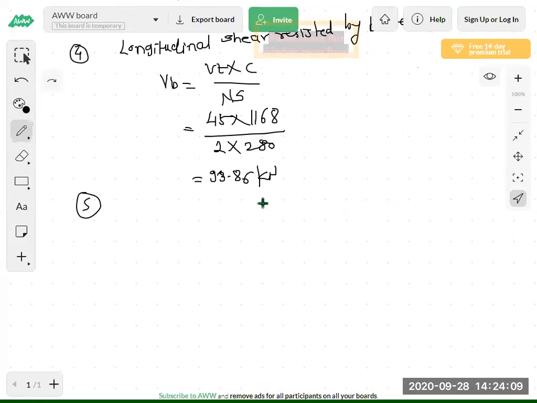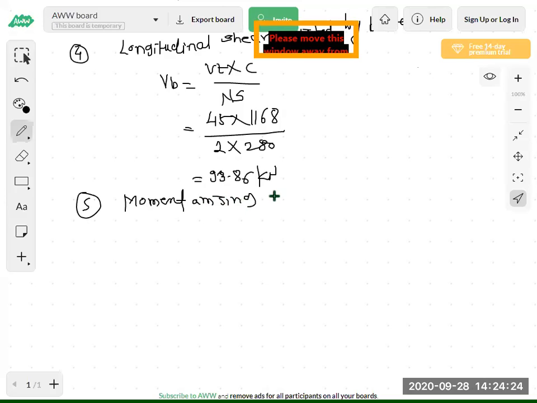Okay, so again we have to calculate moment. Next point, we have to calculate movement arising from the transverse shear.